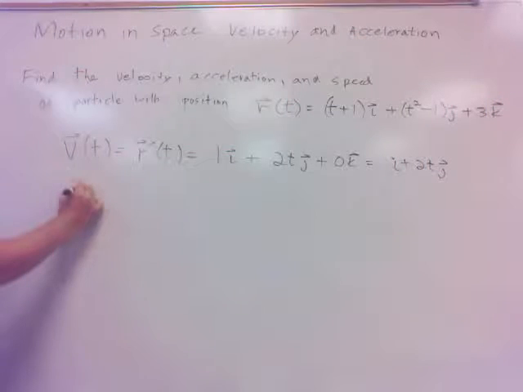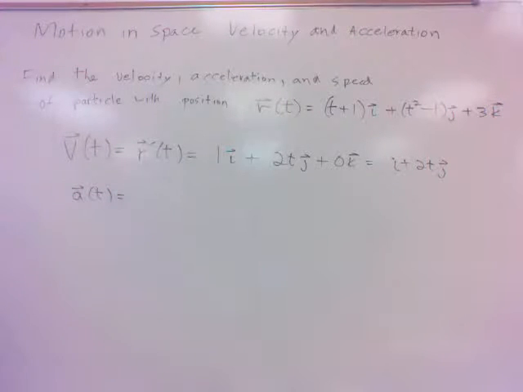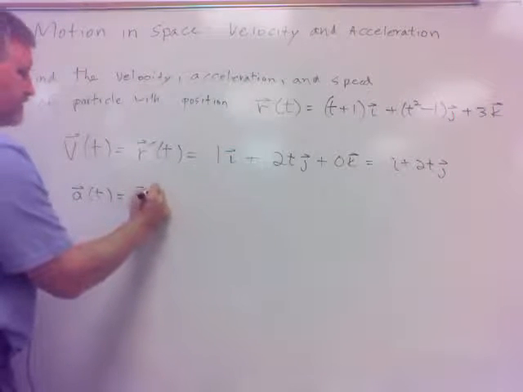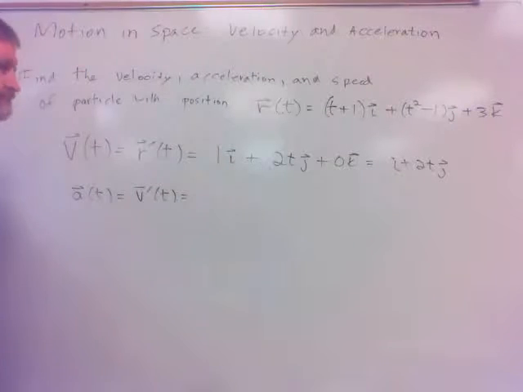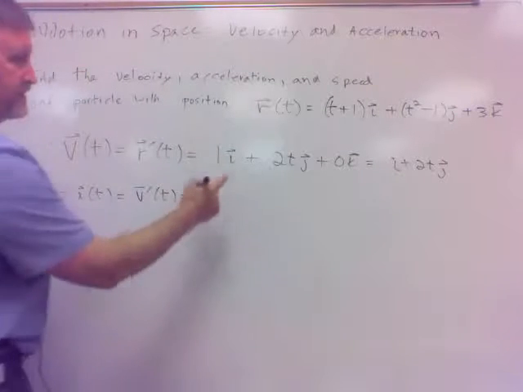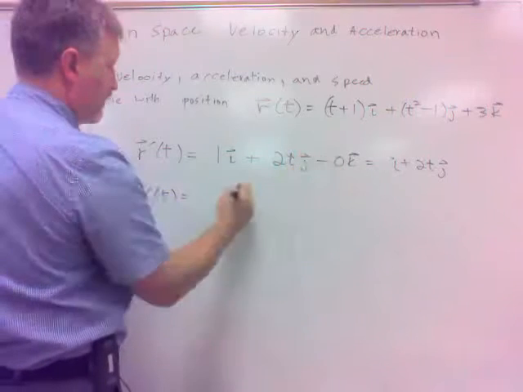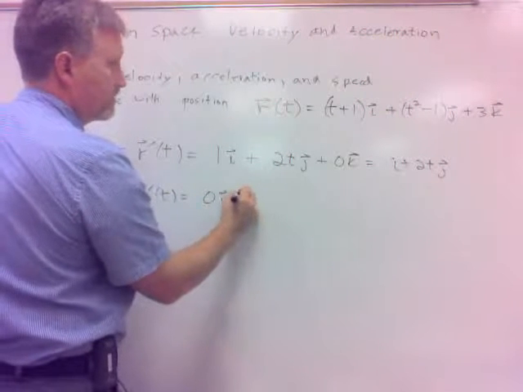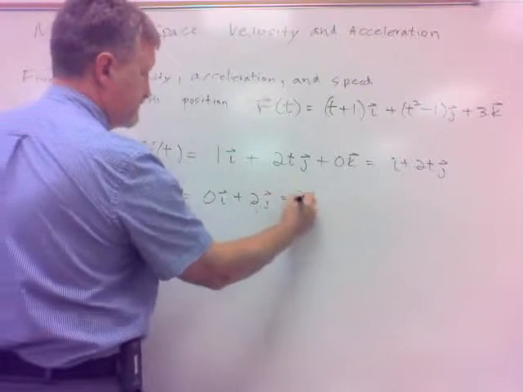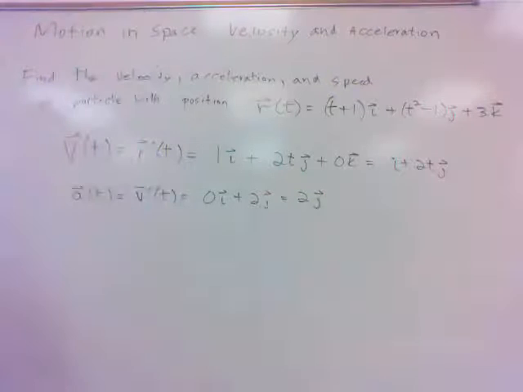The acceleration vector then is just the derivative of the velocity, right? And so that would just be 0i plus 2j, so it's just 2j. Pretty simple acceleration.